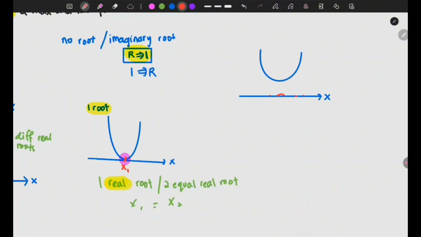So this is how the graph looks like, and we call this type of root no real root. Sometimes they also call imaginary roots, which I mentioned. What else? Mostly these two.